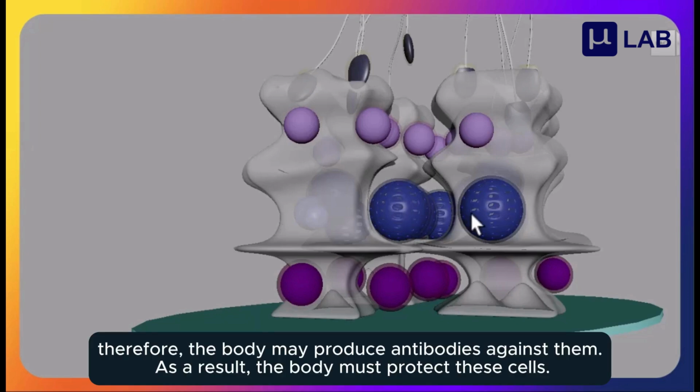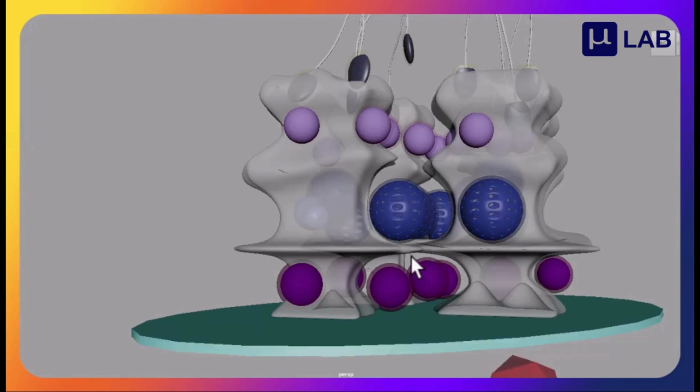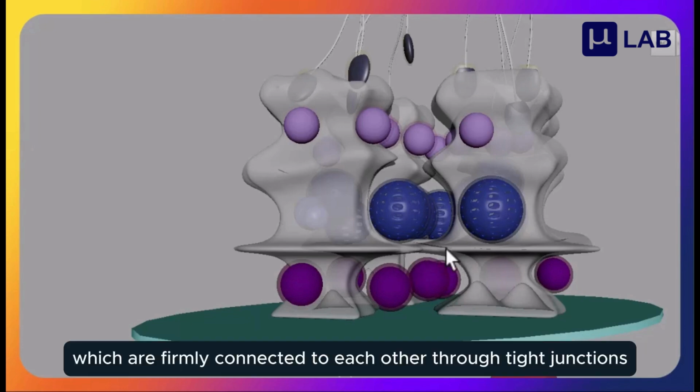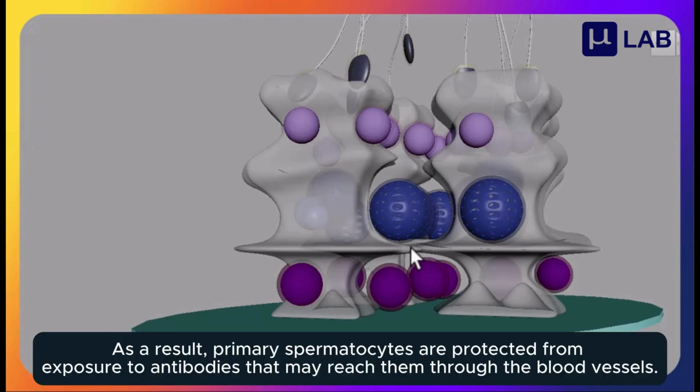As a result, the body must protect these cells. The protection of these cells is achieved by the processes of Sertoli cells, which are firmly connected to each other through tight junctions. As a result, primary spermatocytes are protected from exposure to antibodies that may reach them through the blood vessels.